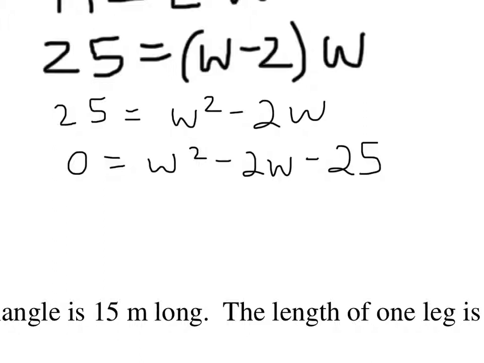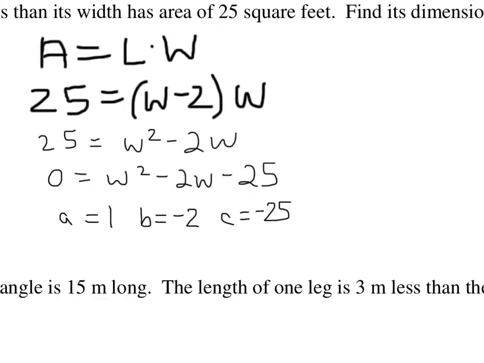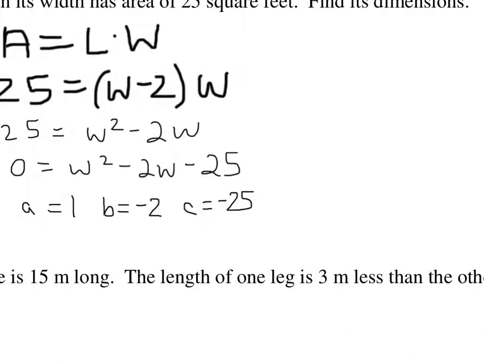Let's try the quadratic formula. We have A equals 1, B equals negative 2, and C equals negative 25. Let's put these values into our quadratic formula.